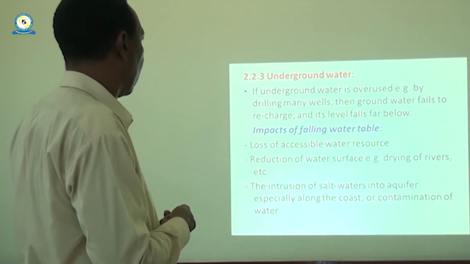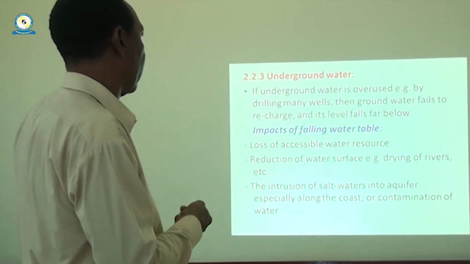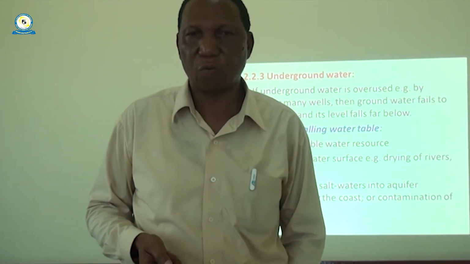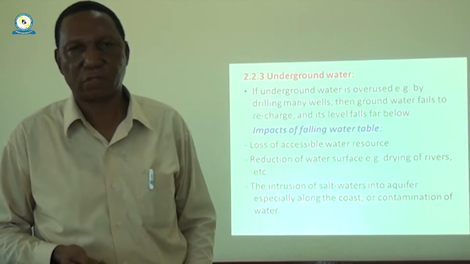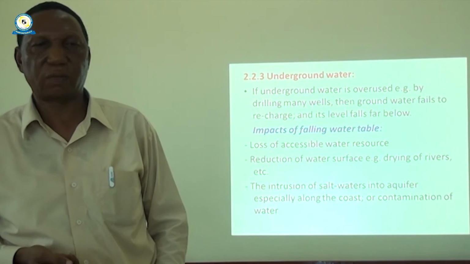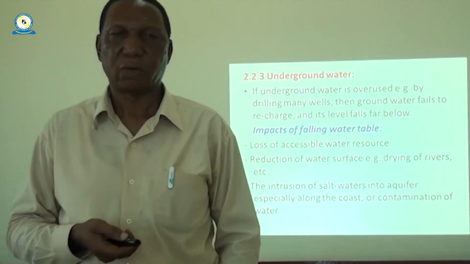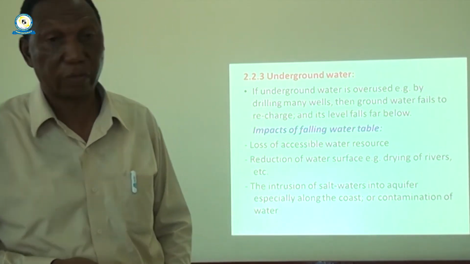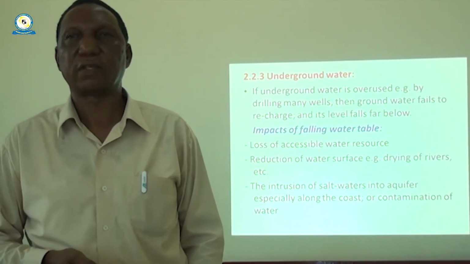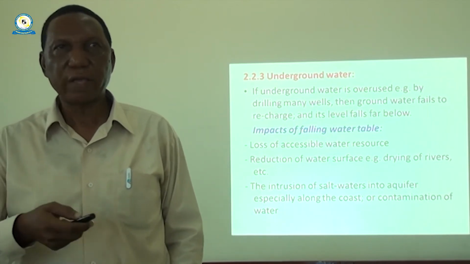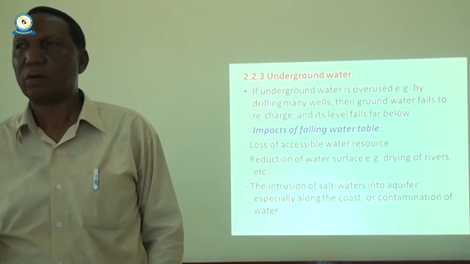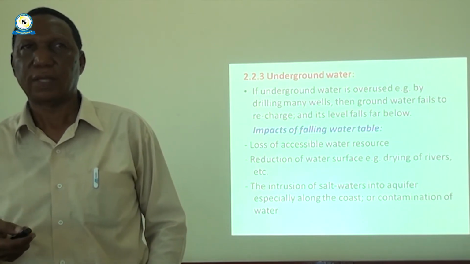For example, the impact now of a falling water table. There is also, you can see, loss of accessible water resources, both for human beings and animals and the other living organisms. Also, another impact is reduction of water surface, e.g., drying of rivers and so on. We have several rivers which used to be perennial rivers.